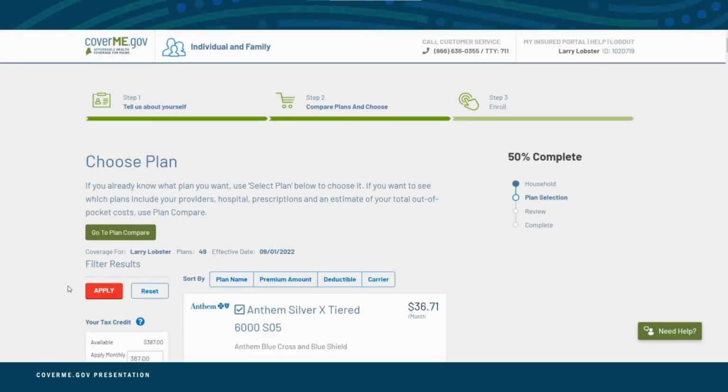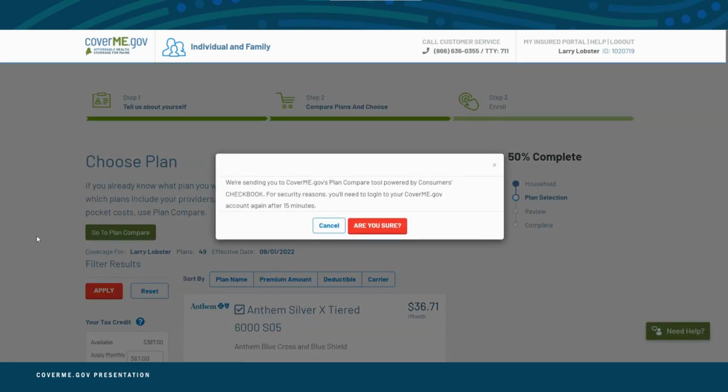From within the Choose Plan menu, consumers can view different plans and sort them by different attributes, though not the full range of tools available in the Plan Compare tool. To proceed to the Plan Compare tool, the consumer will select Go to Plan Compare. A message will appear letting the consumer know they are leaving CoverME.gov to access the tool.